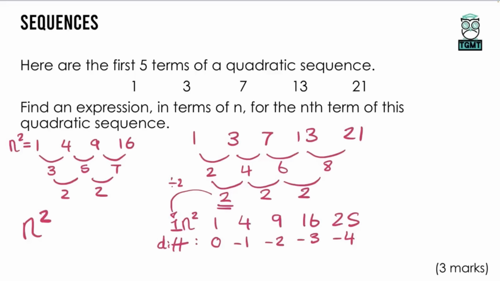So at this point, it's almost like forgetting about the entire question. Just imagine we had a question that just said, here's a sequence, find the nth term of that sequence. Well, in that scenario, we would again find the difference. In this case, it's minus 1, which means it's minus 1n. And then we find the difference from the negative 1 times table to this sequence here, and that is adding 2.